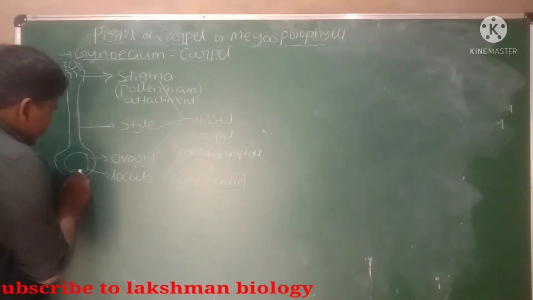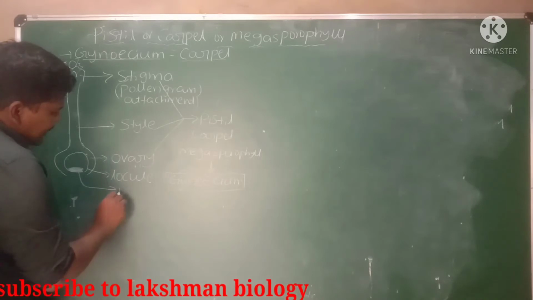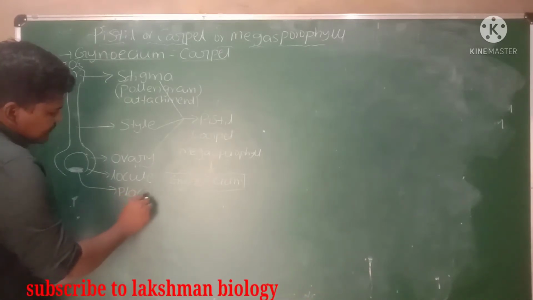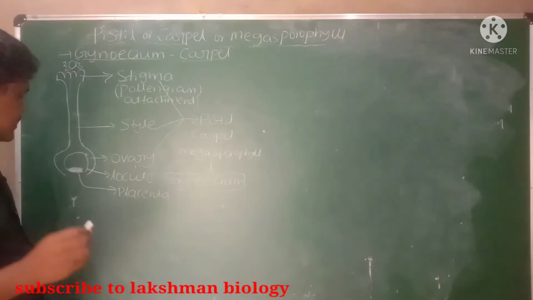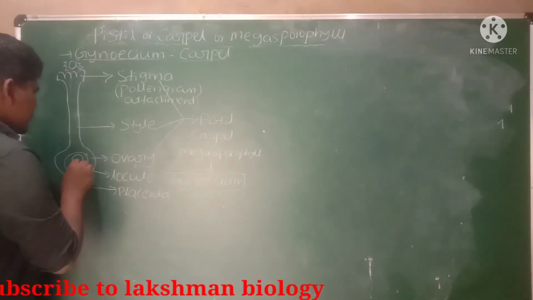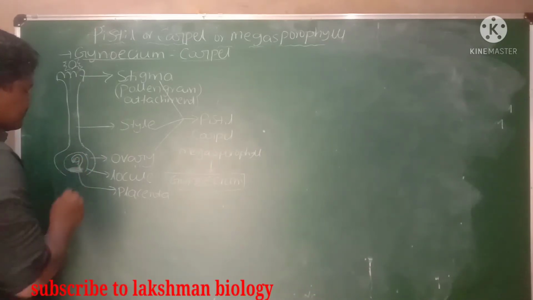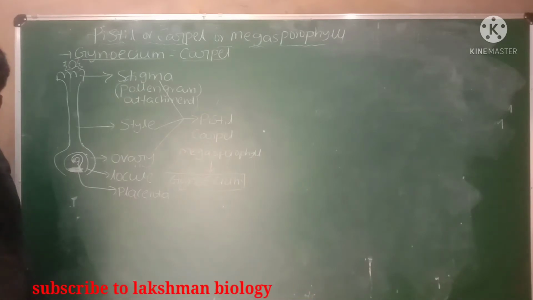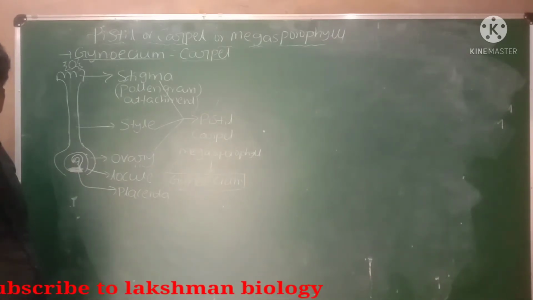In the locule we can see the placenta. This is the placenta. On the placenta we can see the attachment of ovule. Each locule may contain one or more than one ovule, or each ovary contains one or more than one ovule.